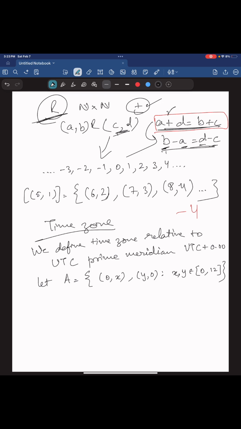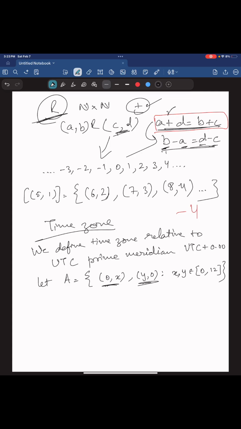Taking 12 was intentional, just giving you a hint that one entire rotation takes 24 hours, so 12 of these hours and 12 of these hours. It's a set of real numbers, every real number between 0 and 12, so that we cover each and every single point on the earth, right?